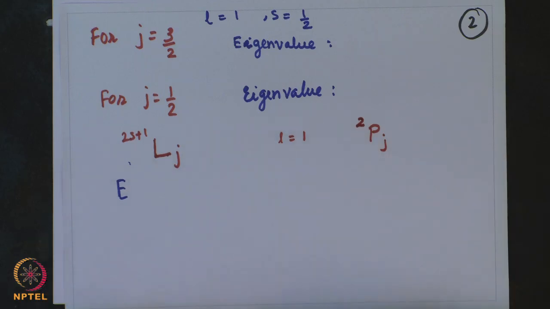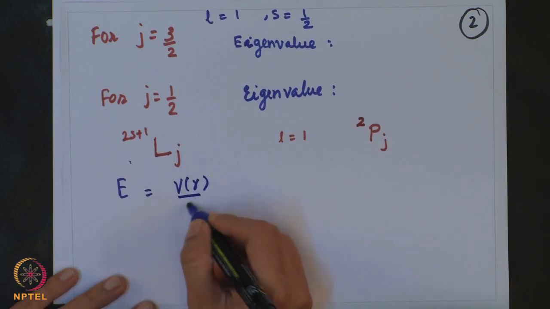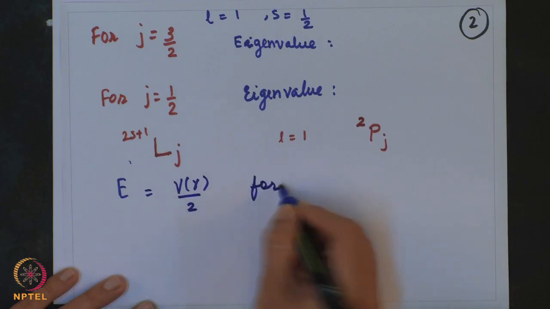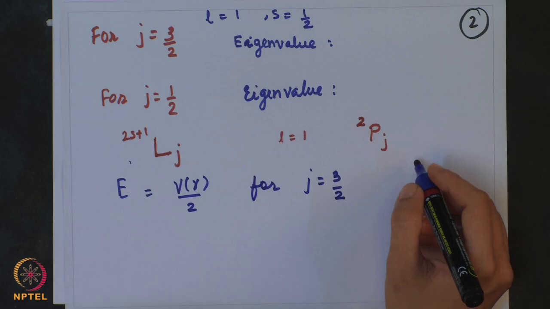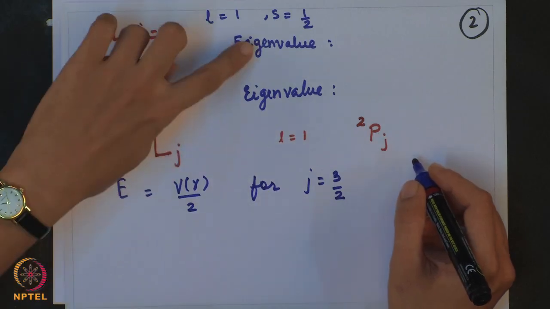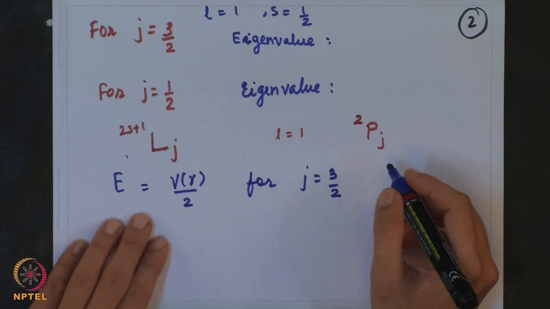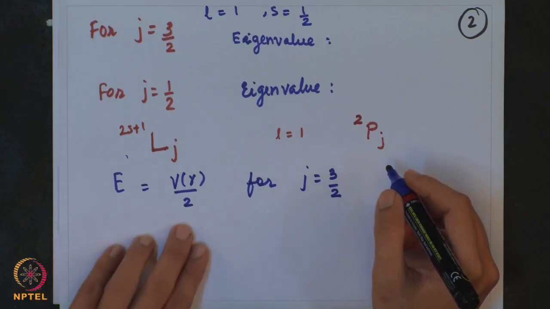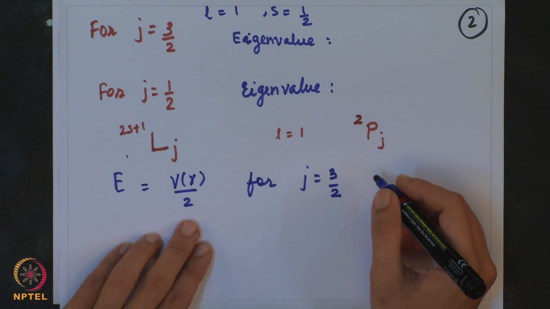So, now the energy E is V(r) upon 2 for J is 3 by 2. You have to fill these blanks and just match it with what I am giving you as the final result. So, E is V(r) by 2.